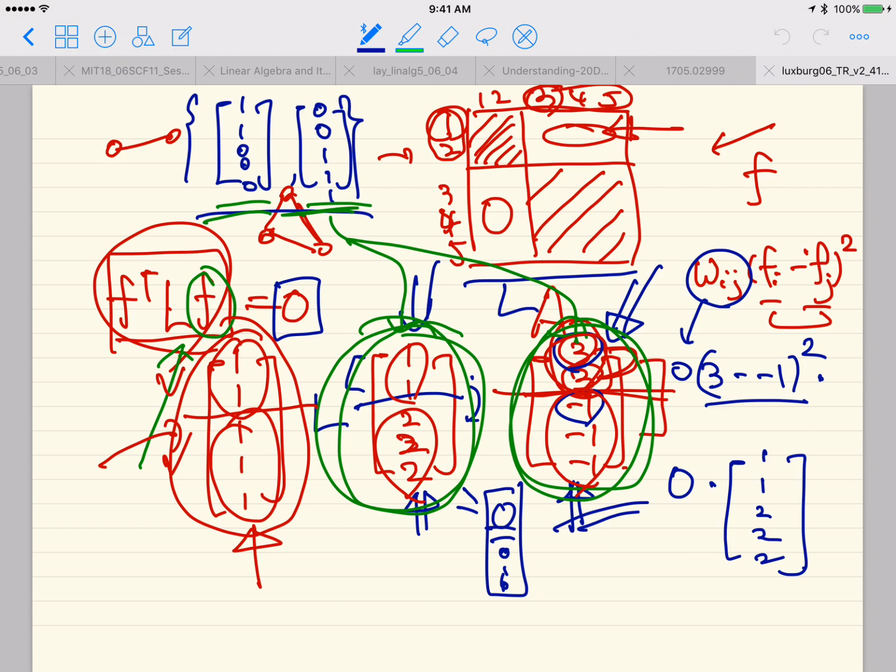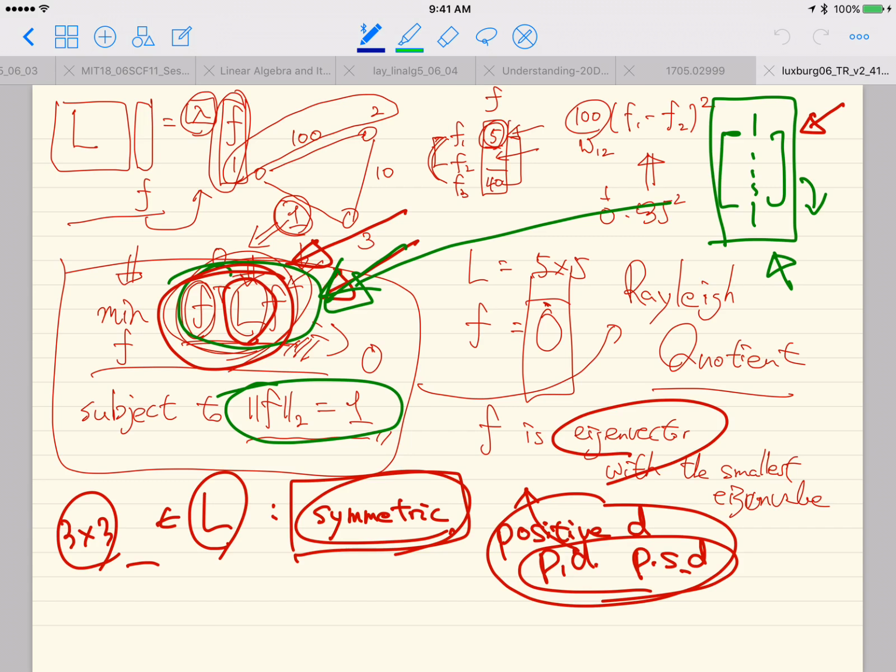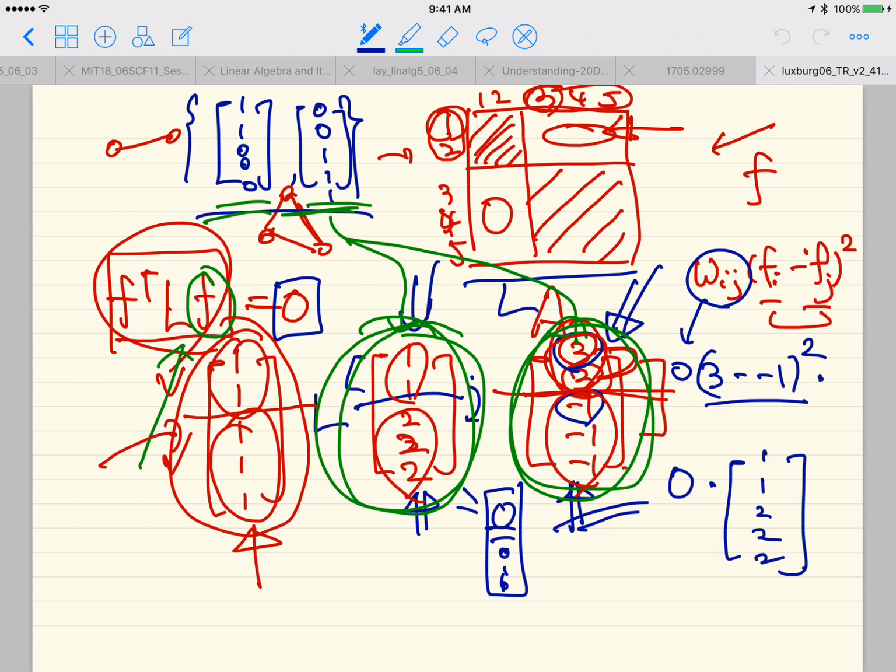Okay, so the question is, let's see. If we use this all ones as our vector that is multiplied on the left, it's like doing the row sum, right? We sum each row, and the sum of the first row will be your first element, the second element, and so on.